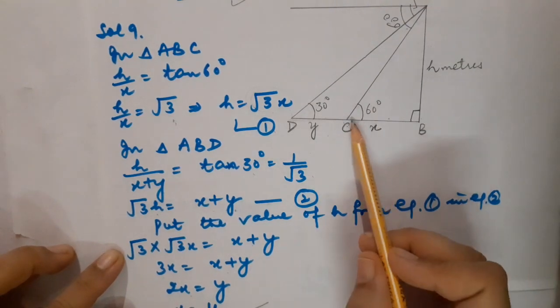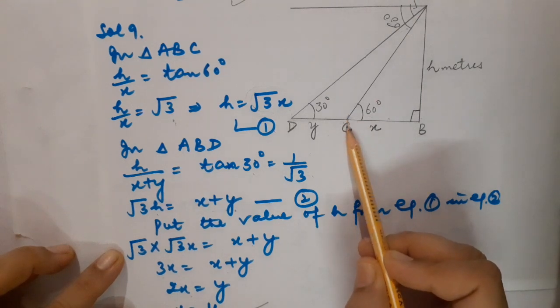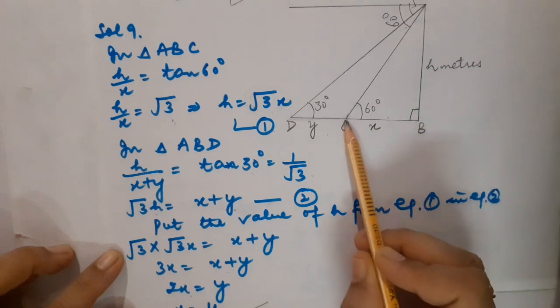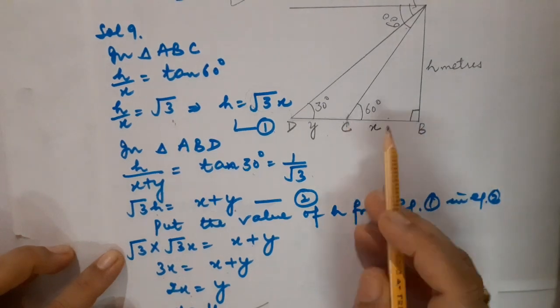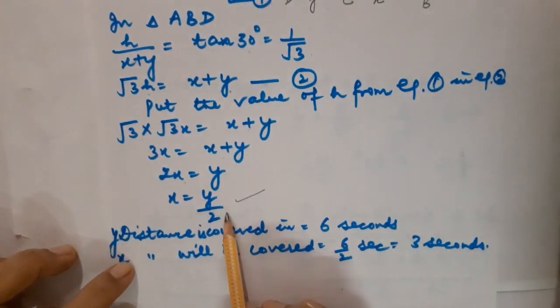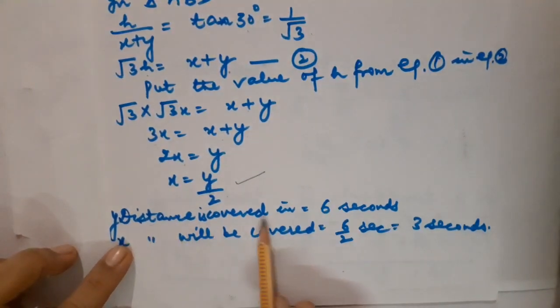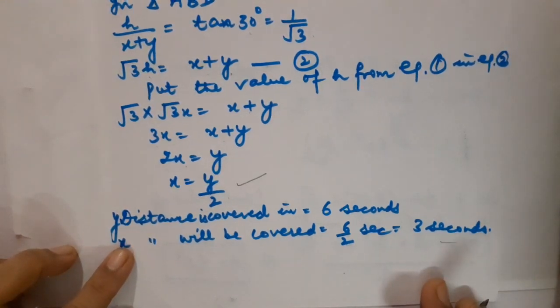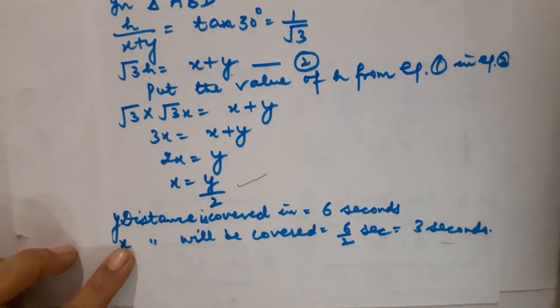We have to tell how much time is taken by the car to reach the foot of the tower from this point C. So you know that x distance is half of y. When y distance is covered in 6 seconds, definitely x distance will be covered in half the time. That will be 3 seconds. So this is our answer.